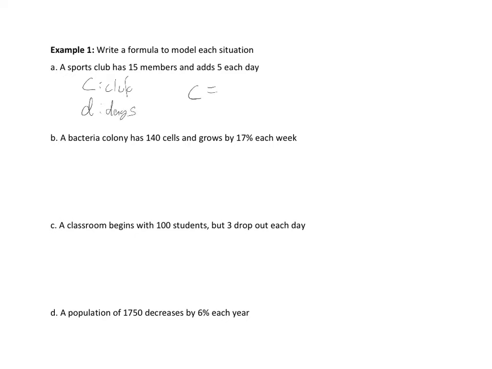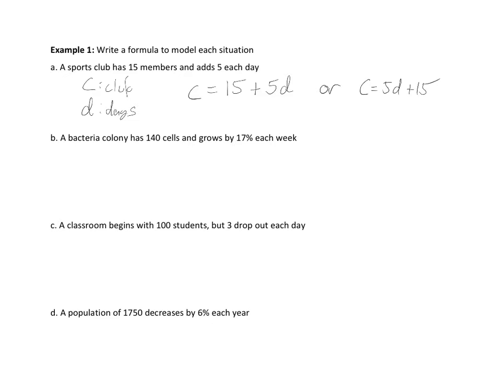Then the club would equal the 15 members plus 5 times each day. This is actually a linear function because we're going up a specific number, 5 each day. And remember we talked previously about this being linear. So we could actually, if we wanted to make it look more like mx plus b form, in this case we've got C and D, I could also say that C equals 5D plus 15. Either one of those would be fine.